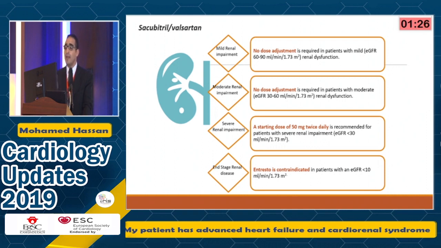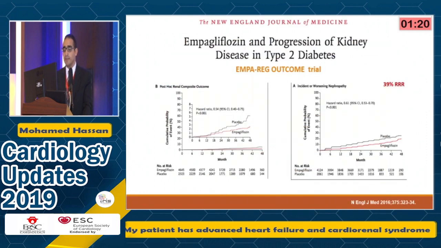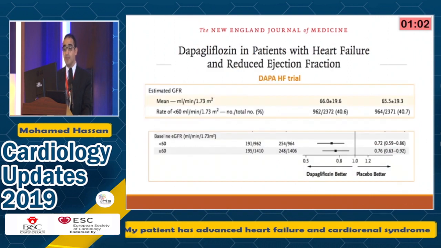We know the new data about SGLT2 inhibitors. Here, in the EMPA-REG OUTCOME trial, empagliflozin was associated with a 39% relative risk reduction in the renal endpoints and the incident or worsening nephropathy. And even in the DAPA-HF study, we find that 40% of the patients had glomerular filtration rate less than 60.